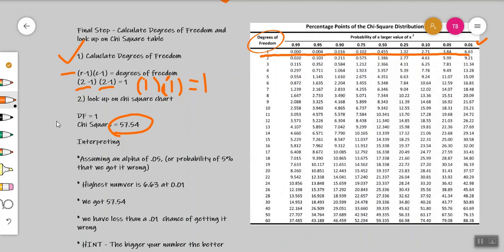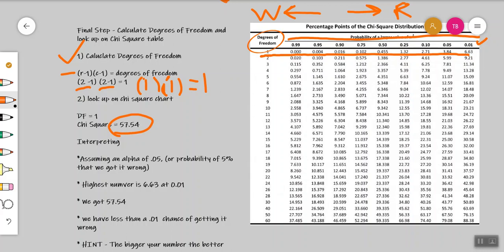So if you recall then, these numbers at top are all indicating the chances of you getting it wrong. So over here, the further left you are, the more wrong it is. And the further right you are, the more likely it is that you got it right. As you see, the number on top gets smaller and smaller.